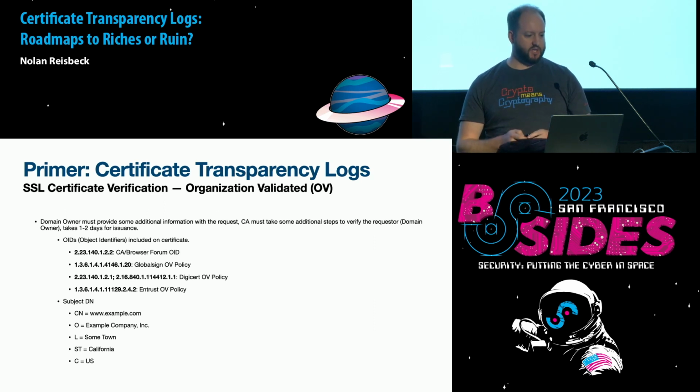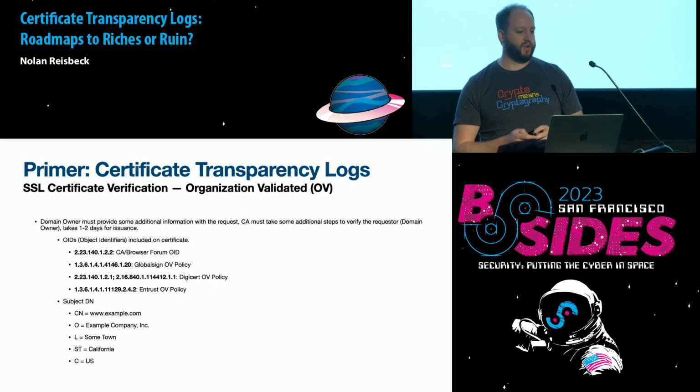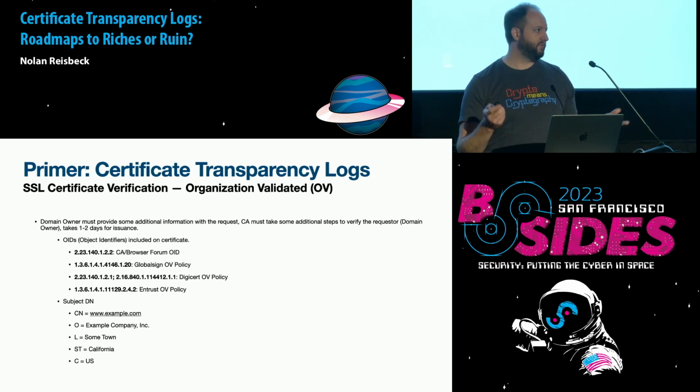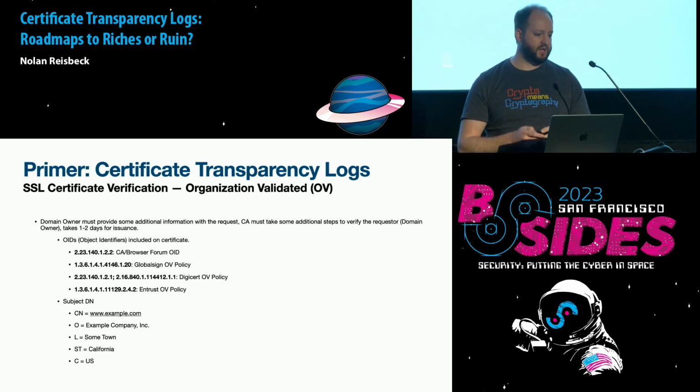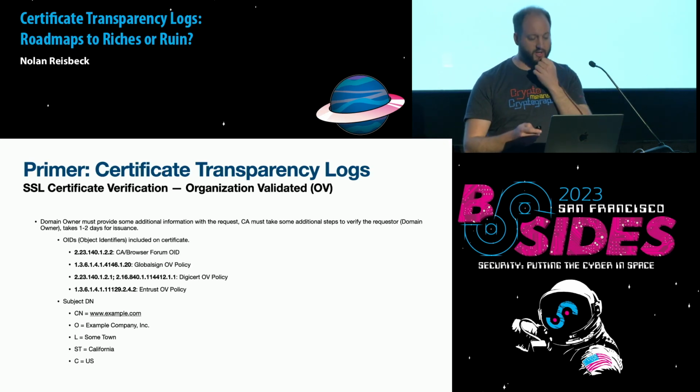So basically, you just have to provide an expanded certificate subject that says, for example, company incorporated in some town, California. They'll go off and use one of like 4 or 5 different business database verifications to say, yeah, example company is incorporated in that state, and then they'll turn around and issue your certificate.